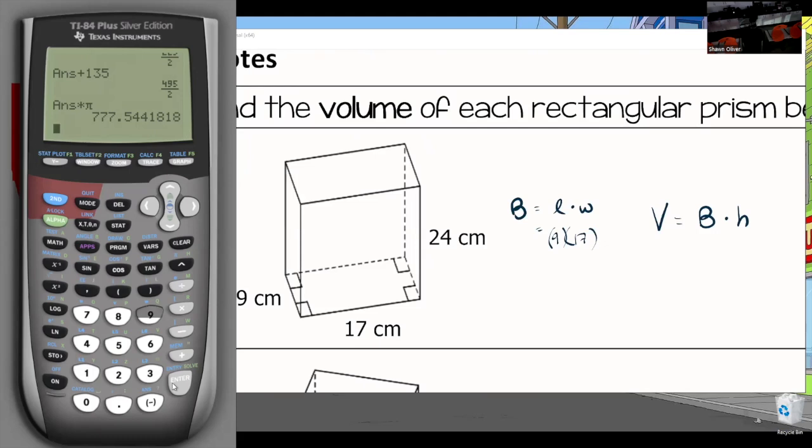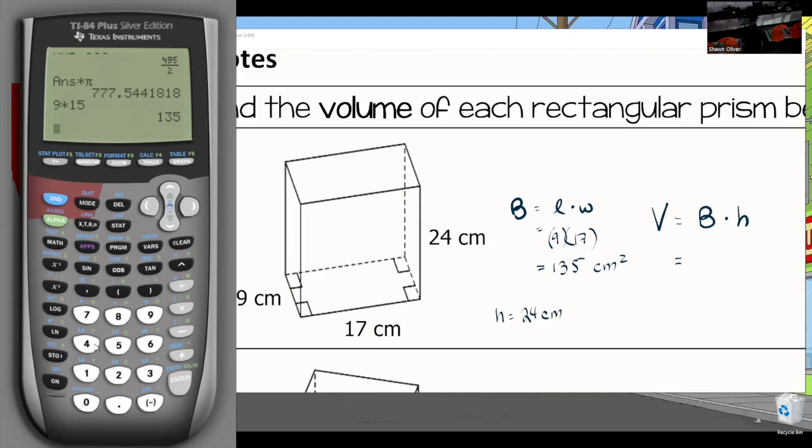9 times 17, I feel like we found earlier, didn't we? Okay. So 135. And then the height from the top to the bottom is 24 centimeters linear. And then base area times height. Again, length times width times height works for rectangles, but it doesn't work for all of them.